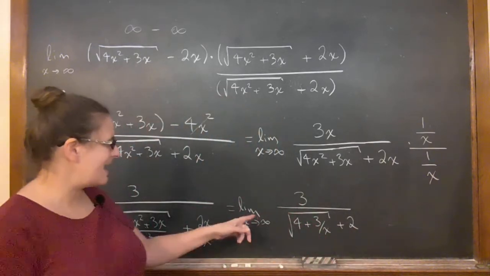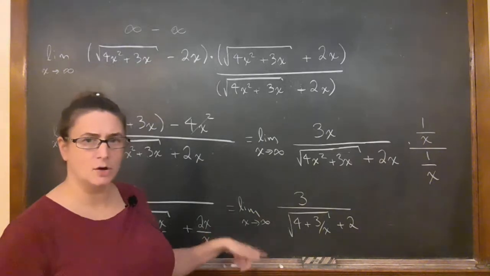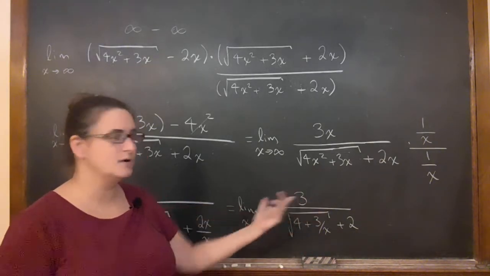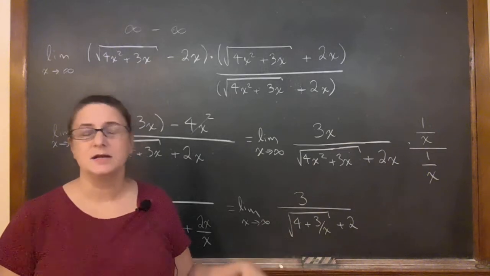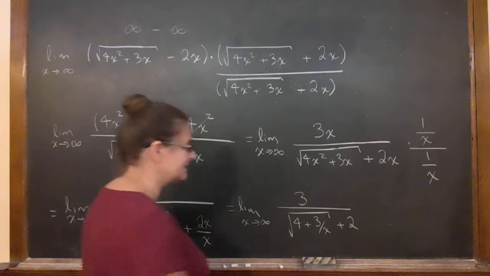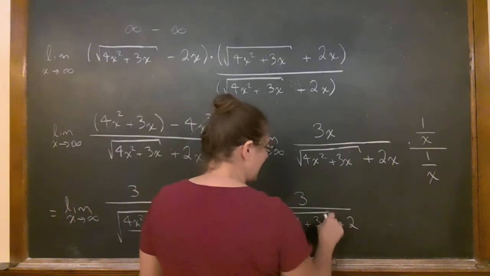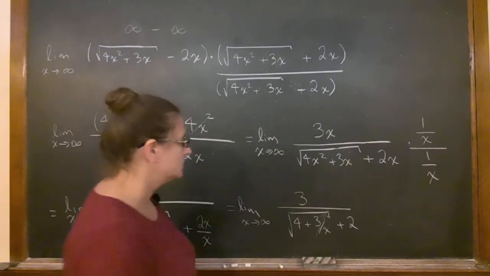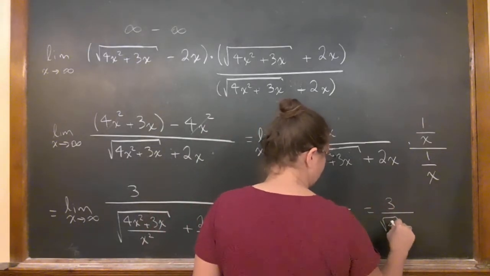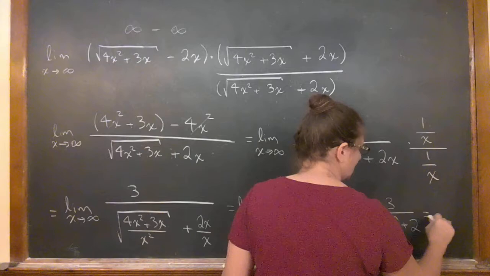Okay, so as x goes to infinity, the only x that's left is this 3 over x, square root of 3 over x. And I know it's a square root, but I can take the limit of the thing under the square root. This guy is still going to go to 0 as x goes to infinity. So what I'm left with is 3 over root 4 plus 2, so that gives me 3/4.